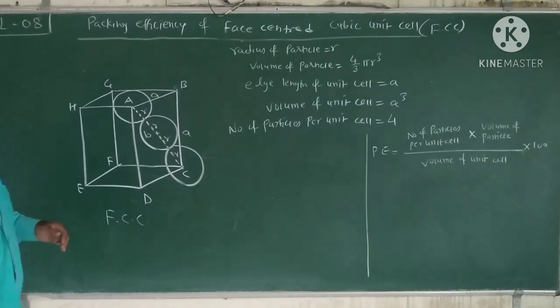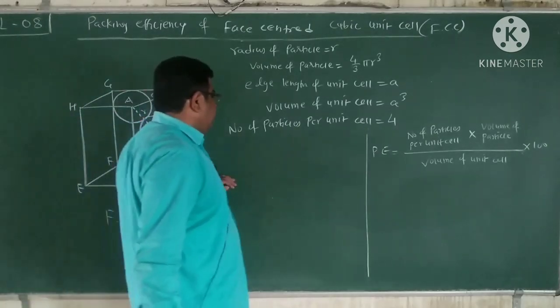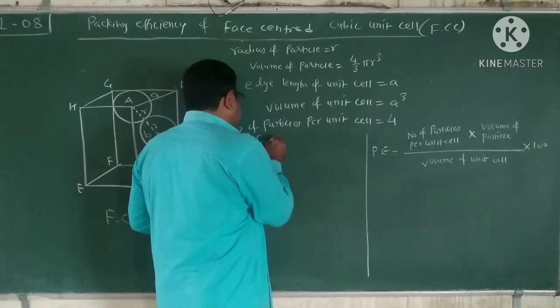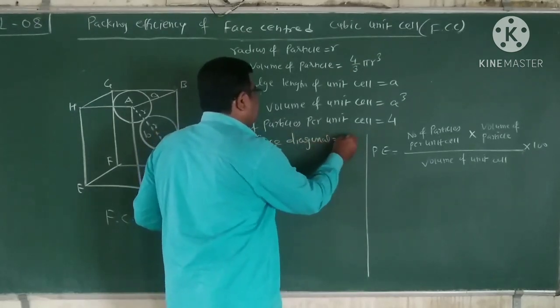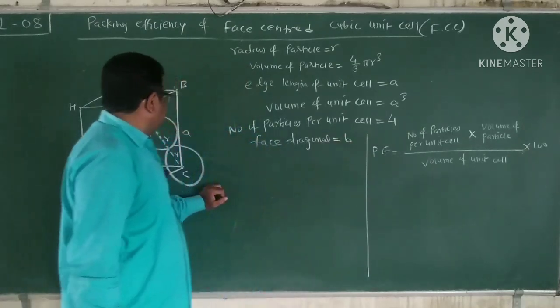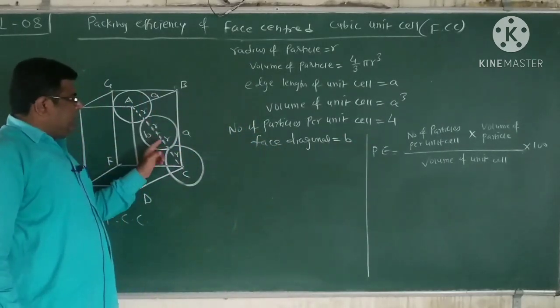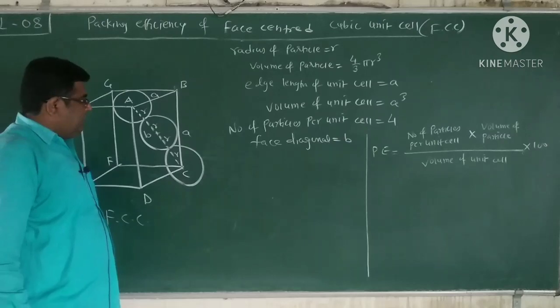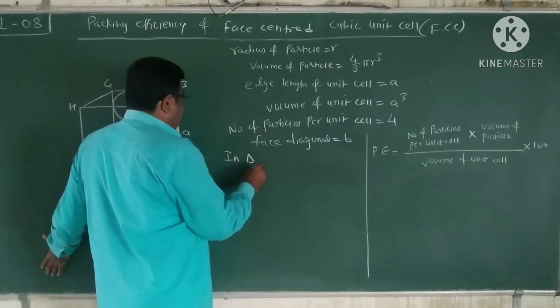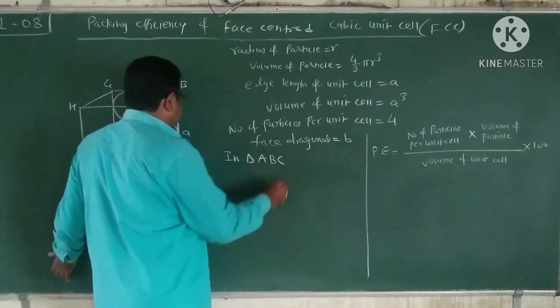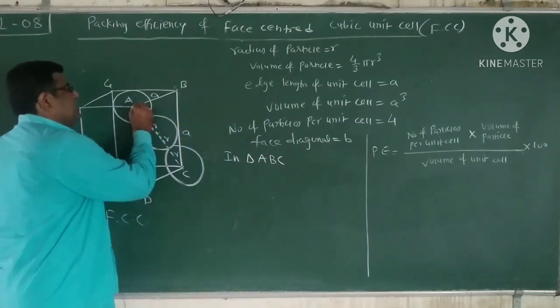We need to add one more point here. Face diagonal is equal to B. This is one more parameter we are introducing. Then we consider triangle ABC.